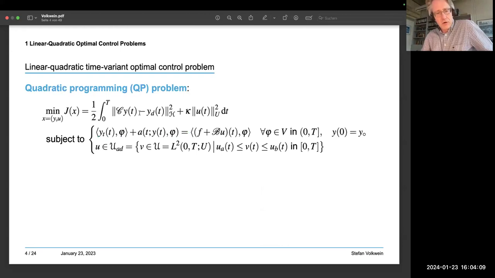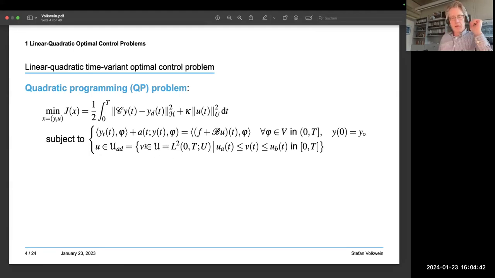So what are we considering? We consider a quadratic programming problem where our state constraint is given by some evolution problem. So there is something like maybe a heat equation, or maybe what we have more in mind, something where you also have a convection part, so some diffusion convection equation, and the coefficients which are involved may depend on t, indicated by this bilinear form which depends on t.